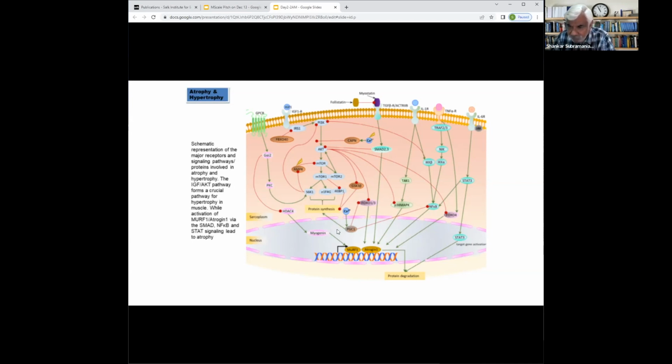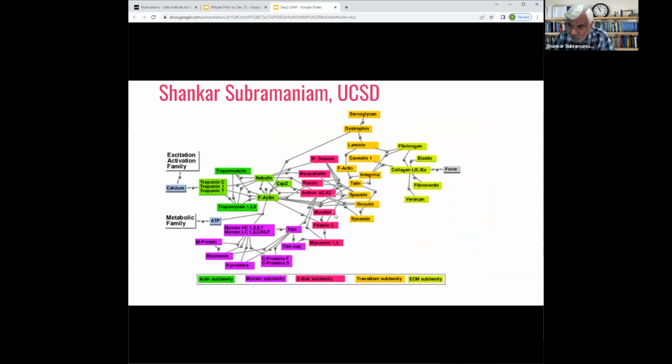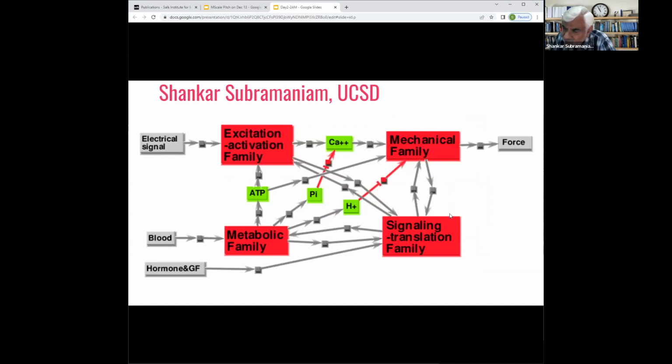Okay, this was my last slide, but I want to go back to one point here that I want to make. I want to revisit this family that I talked to you about. We have gone from myogenesis, which is creation of a muscle from a stem cell, whether it's an embryonic stem cell from an embryo or a pluripotent stem cell in vitro, ex vivo.